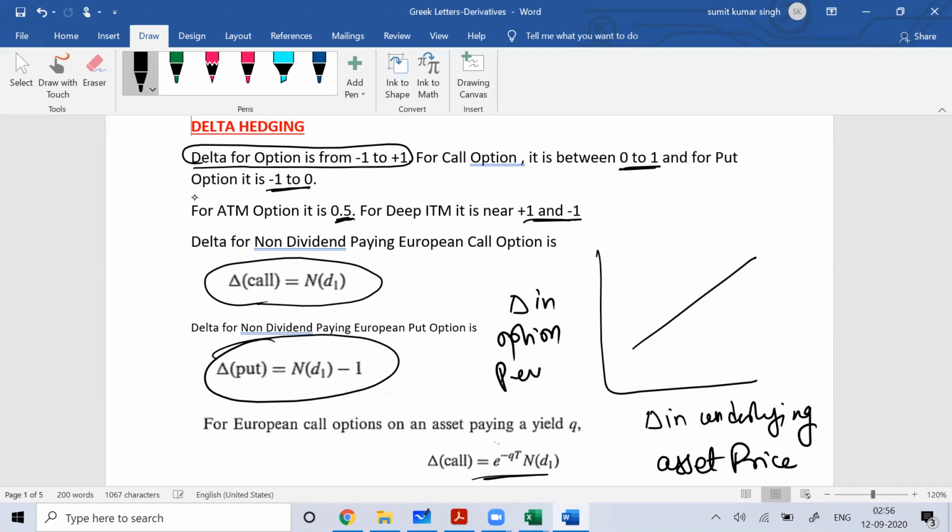This is called delta, dy by dx. Those who understand maths, dy by dx, that is called delta. This is a mathematical statistical tool which measures this change.